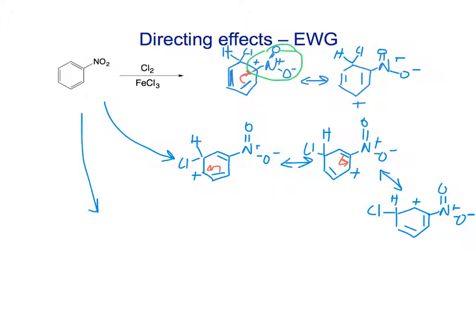So let's look at our last possibility. We're going to put that chlorine in the para position, that's on the opposite side of the ring. So we will put the H and the chlorine over here. We have a double bond there, double bond here, and a plus like this. Let's draw a resonance form.